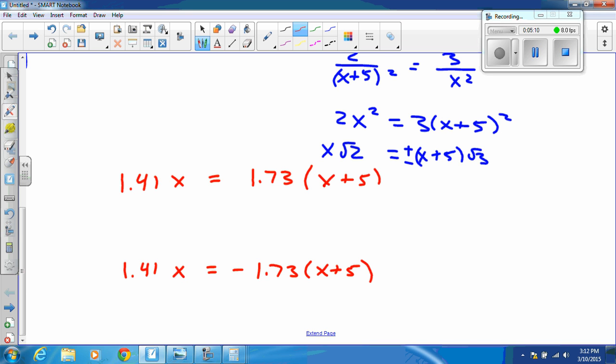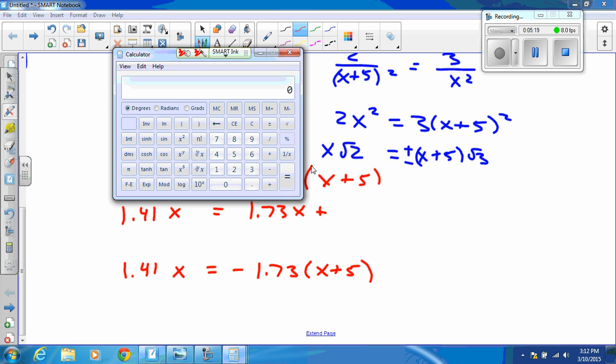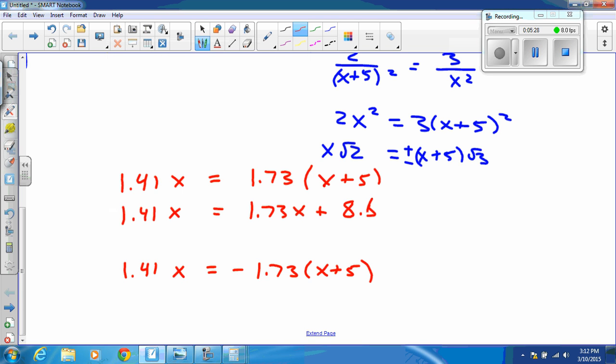And when I solve the first equation, I get 1.41x equals 1.73x plus, calculator gives me 5 times 1.73 is 8.65. And subtracting 1.73x from both sides, I get negative 0.32x equals 8.65.